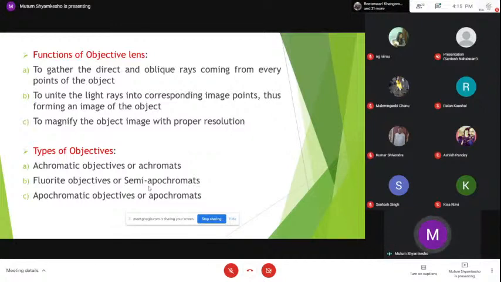These achromatic objectives are the simplest objectives with the least corrections for optical aberrations. And they are also least costly, and they are the most widely, most commonly used types of objectives.